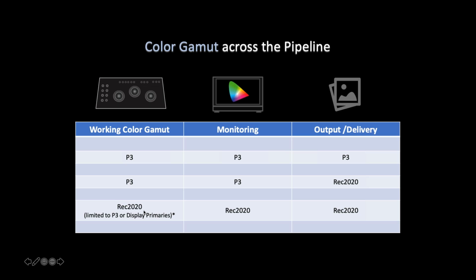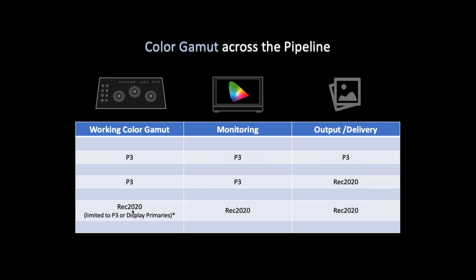If you decide to work in Rec 2020, and that is a very common direction that a lot of facilities and colorists take, you just have to make sure that you limit your working color gamut on the color corrector to P3, so that you do not go beyond P3 into Rec 2020.